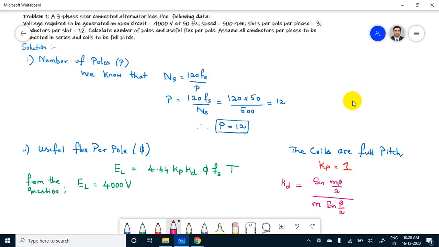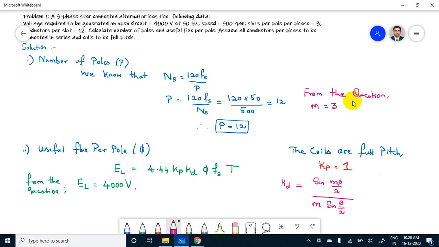Okay, take down from the question. From the question, m equal to 3.